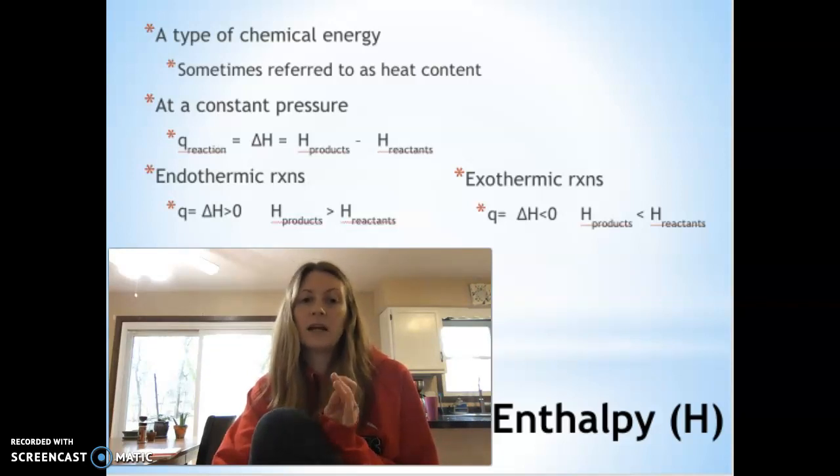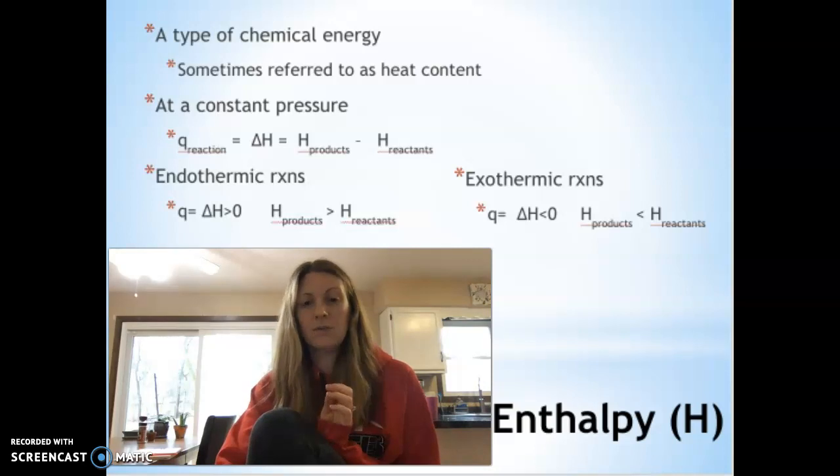But this is if we're at a constant pressure. So then you can get your endothermic reactions and your exothermic reactions again. Q or delta H being greater than 0 means endothermic. If Q or delta H are less than 0, then you've got an exothermic reaction. So heat being released in exothermic or gained in endothermic by the system specifically.